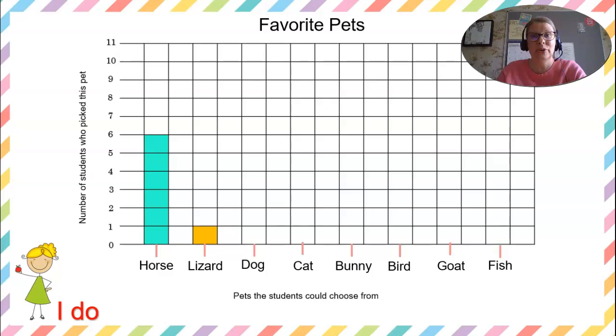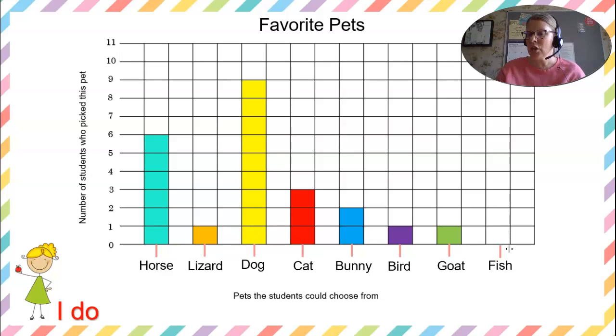Okay, so let me show you. I'm going to show you what my graph looks like, and you check yours to see if you have the same size of bars. Whoa, I love this because you can really see the different votes from this visual representation.